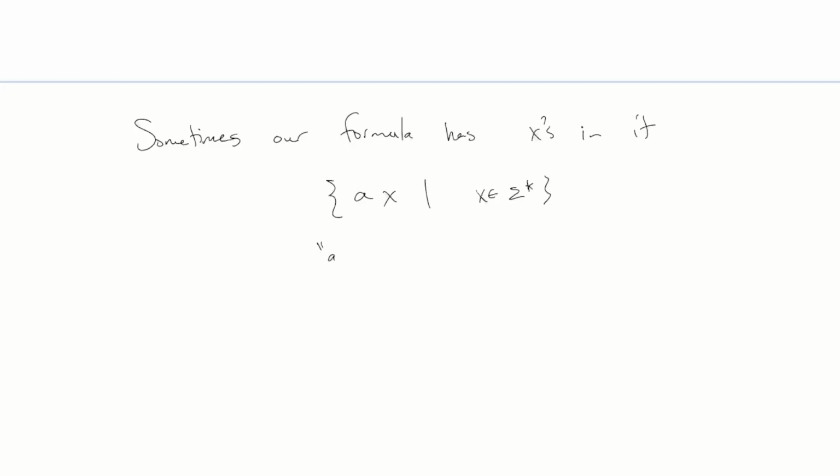This is all strings starting with a. But then after the a could be anything, not just powers of b or something like that. So this is a very common kind of language that you would want to discuss. And so we need to talk about how you would deal with such a thing.